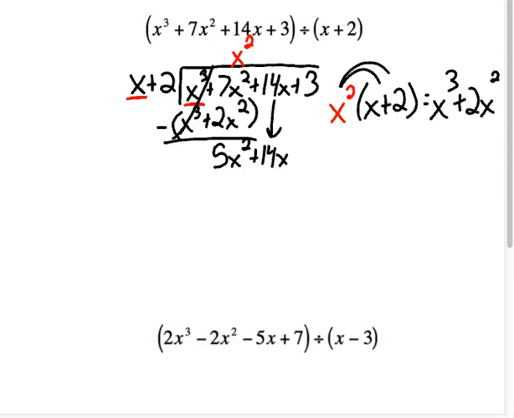Now I need to play the same game again. I need to figure out what I can multiply that first term by so I can inevitably cancel off the 5x squared. Well, I think you can see that I need a 5 and I need an additional x, so it becomes 5x.